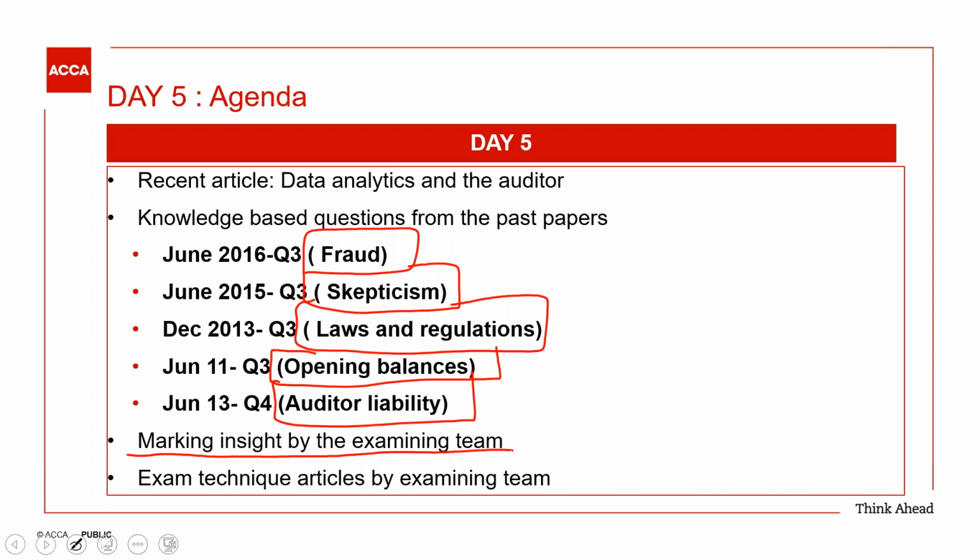When the examining team gives you half a mark, or 1, or 1.5, what are they looking for in your answer? What do they find in your answer when they give you 1.5 marks, or what do they find missing when they give you 0.5 marks? They've done a good analysis in that article, and I'll be spending some time on it, the marking insights by the examining team.